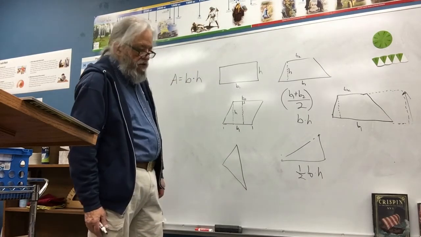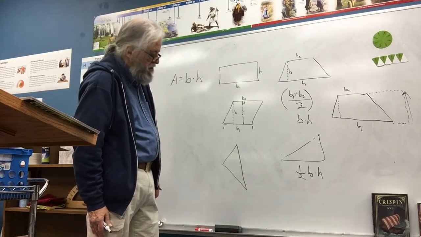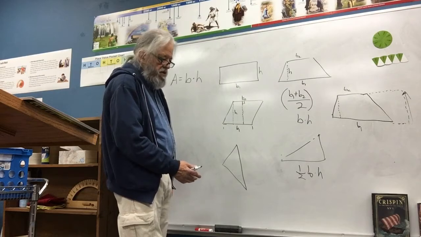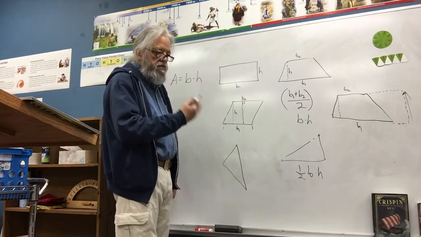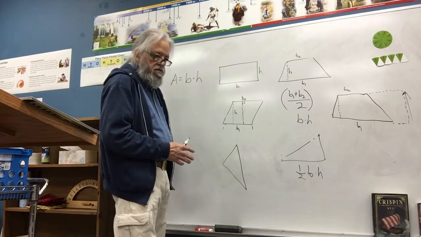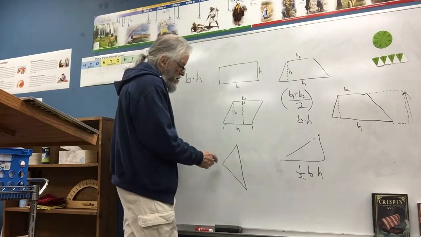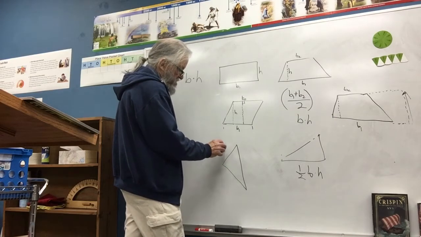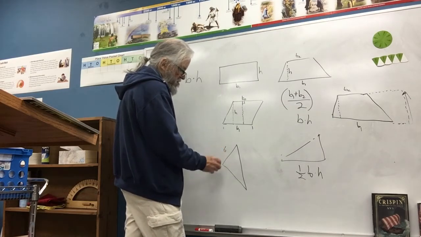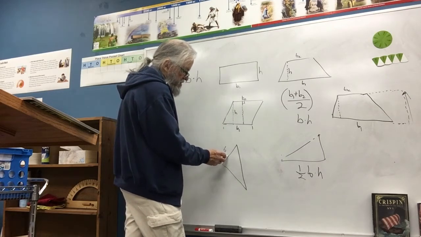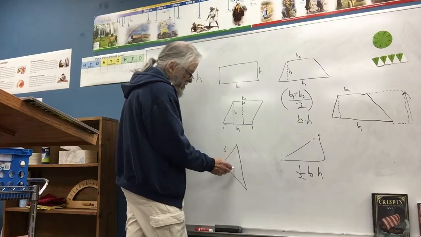It doesn't matter how it's shaped, okay? It could be a scalene, it could be an isosceles. It really doesn't matter, okay? Whatever you call the base, okay, I could call this the base, all right? And a line that's perpendicular to the base.